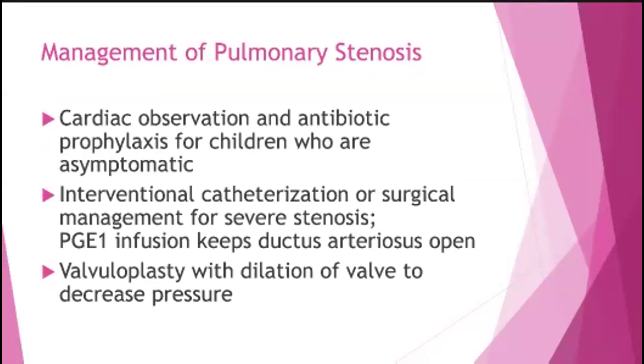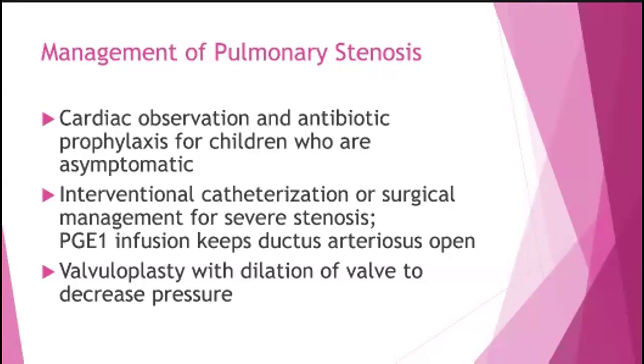We might do a surgical replacement if balloon dilation is not effective. As a nurse, you want to monitor for oxygenation, perfusion, and feeding tolerance. You want to educate the family about signs of worsening obstruction, such as increased cyanosis, poor feeding, and fatigue.